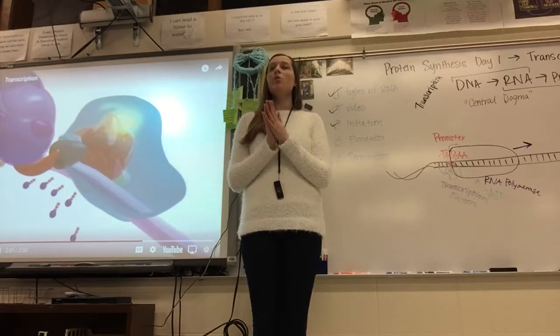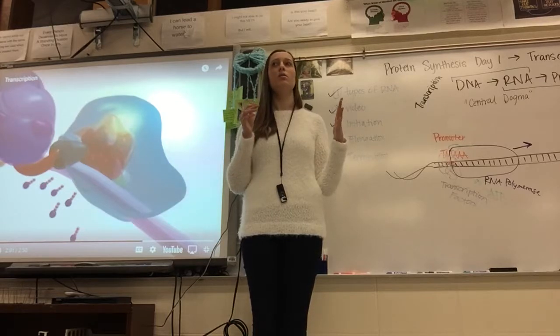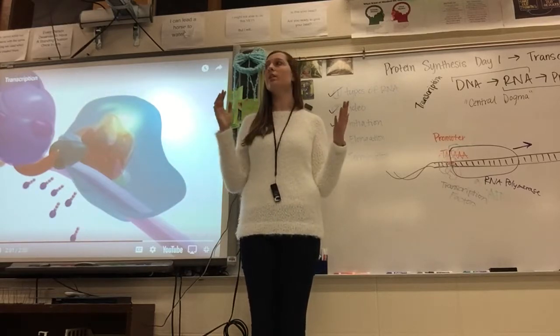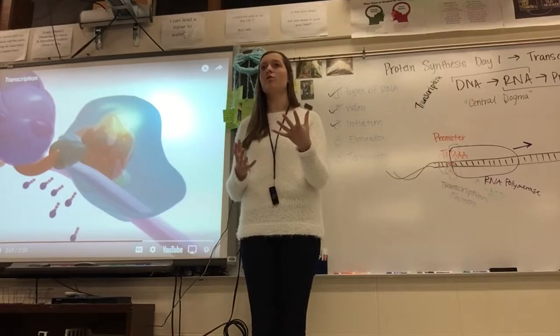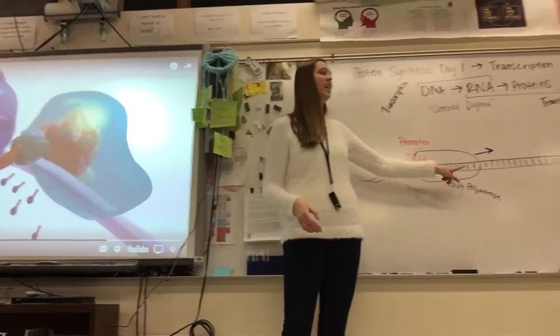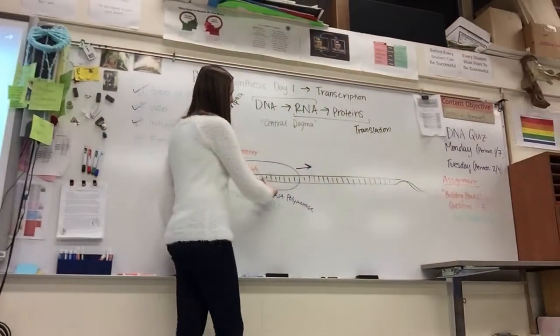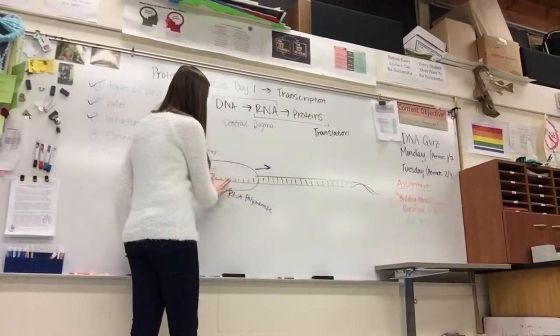Now, since we are only looking at such a small area of the DNA, we still need to unzip it, but we don't need this big enzyme helicase in order to unzip the whole thing for us. RNA polymerase is awesome in that it can actually do that all for us. So it'll come and break this bond here.